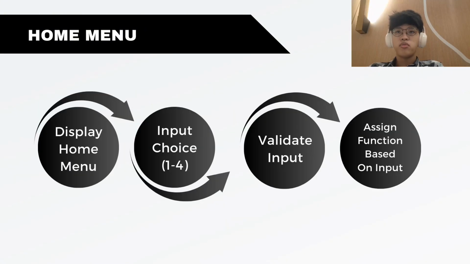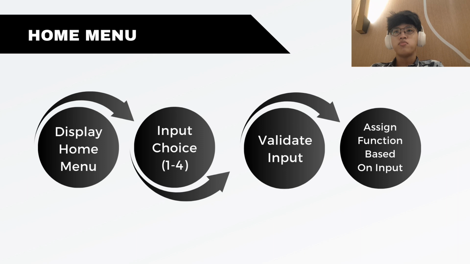First, the system displays the main home menu. The interface serves as the entry point for the users to interact with various options available in the application. Next, the user selects an option by entering a choice ranging from 1 to 4. Each number corresponds to a specific function or section within the system. Once the input is provided, the system validates it to ensure it falls within the acceptable range.